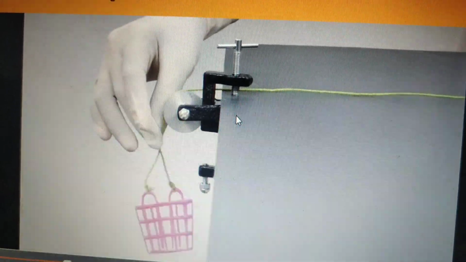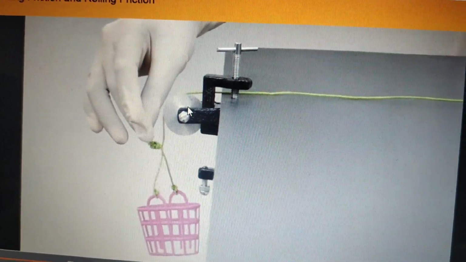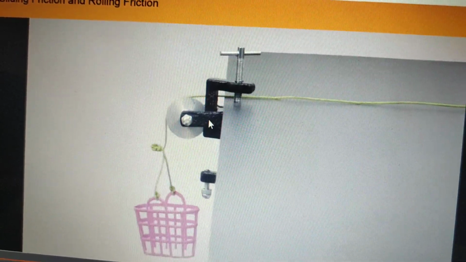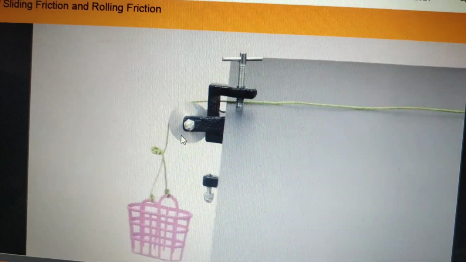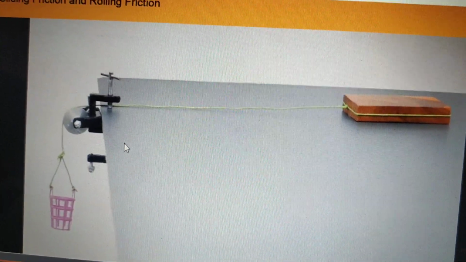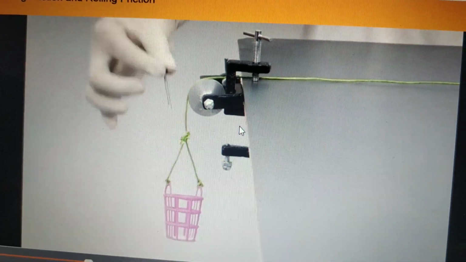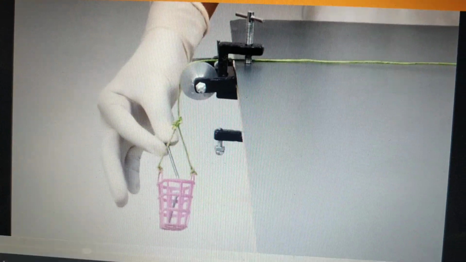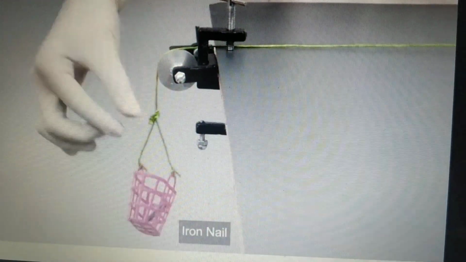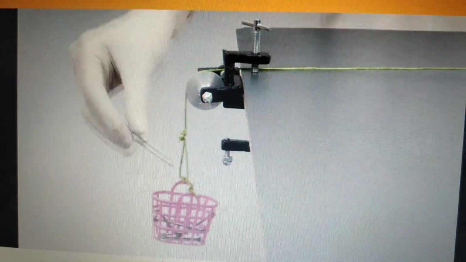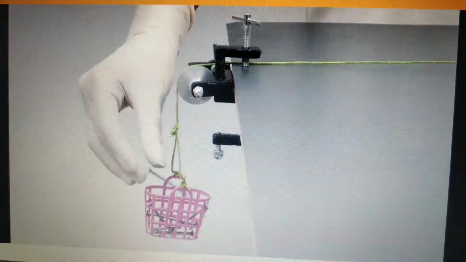Now you have to pass the string tied to the wooden block and to the basket, as shown, through the pulley. Now you have to put iron nails into the basket one by one, right?